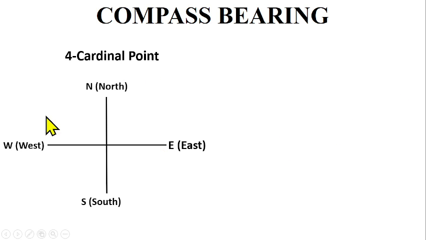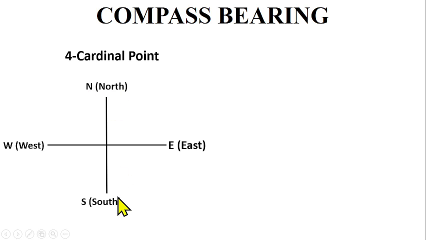Another name for compass bearing is cardinal bearing. Like I said, we have four cardinal points, and we use cardinal points to represent the position of an object or a thing in bearing. In compass bearing, we are going to explain the cardinal points for you.